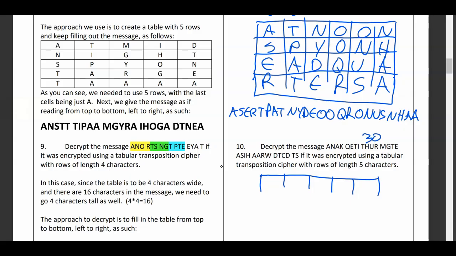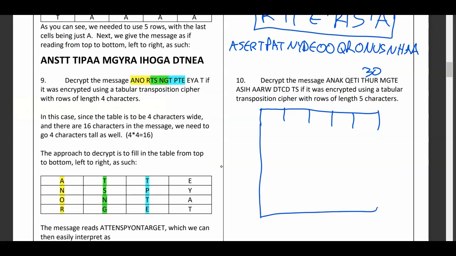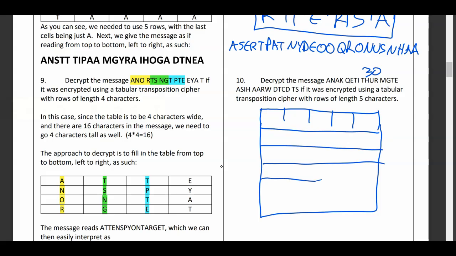There are 30 total, and it's 5 across, then it has to be 6 down. Here's our table. 6 times 5 is 30. This has space for all 30 letters. And now we just start putting them back in.